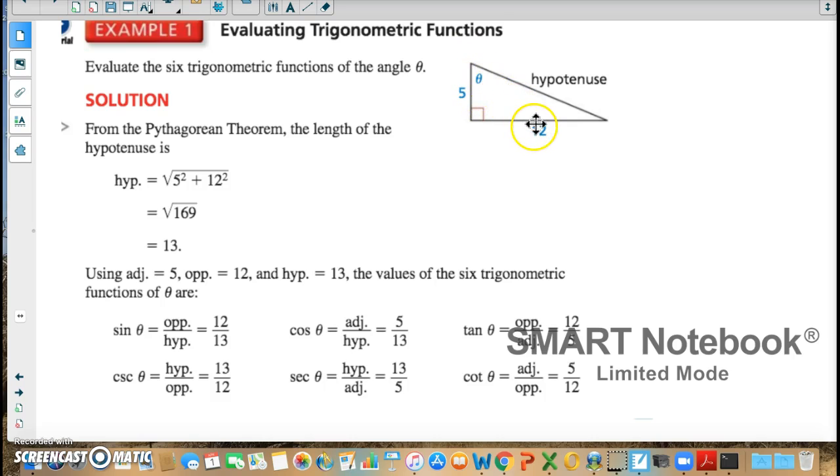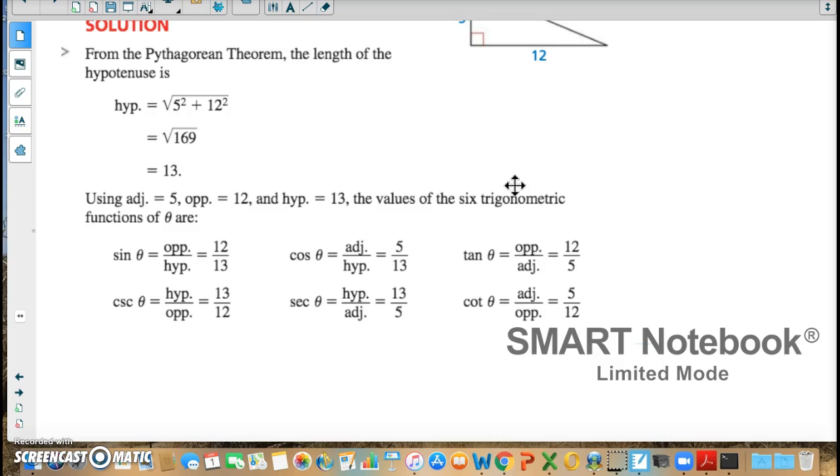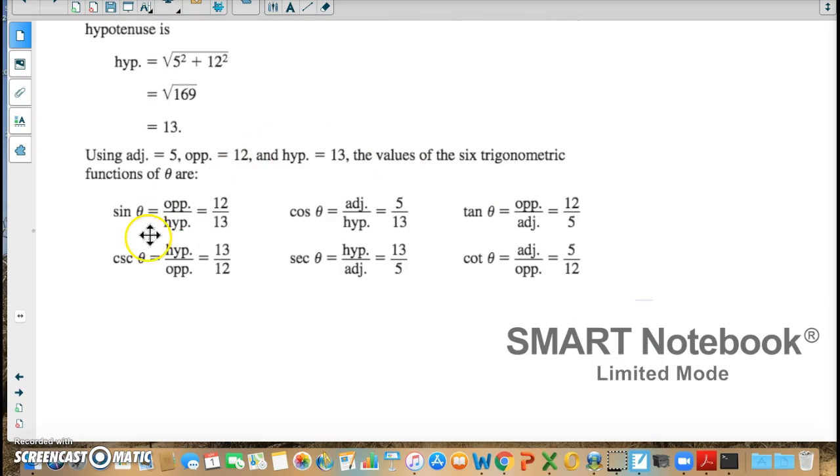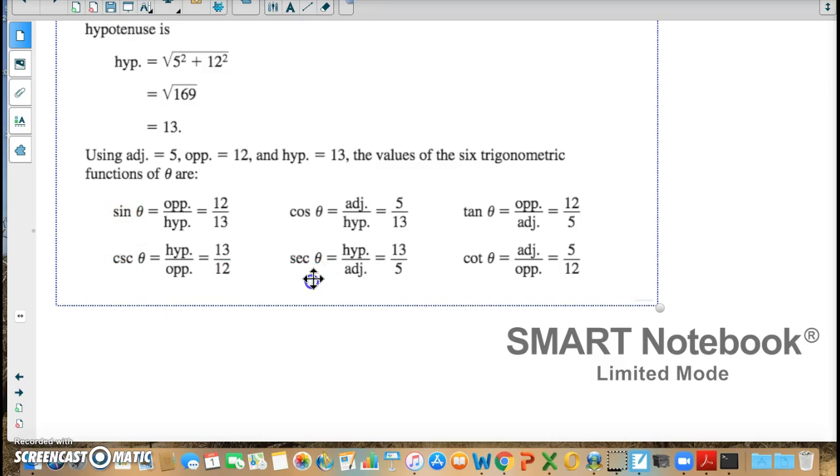So the 12 is the opposite, the 5 is the adjacent, and the 13 is the hypotenuse. And so that's where we get sine is 12 over 13, cosine 5 over 13, and tangent is 12 over 5. Cosecant is the reciprocal of sine, so just flip. Secant is the reciprocal of cosine, flip. And cotangent is the reciprocal of tangent. Again, just flip them over.